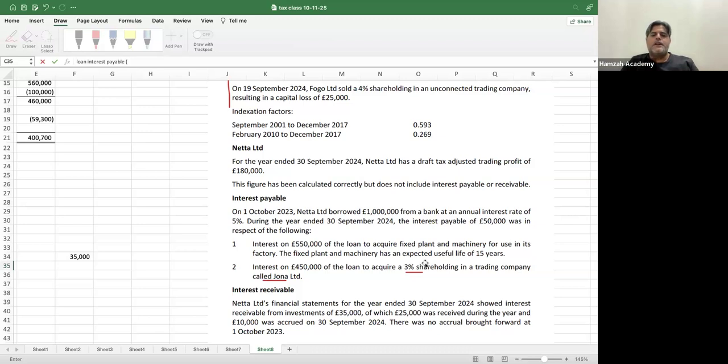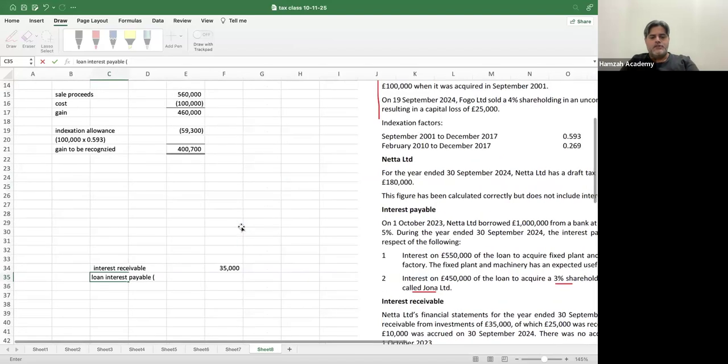And the interest on the loan to acquire the shareholding is for non-trading purposes, which is going to be shown over here, right? So we have this 450,000, and with this, we are going to have the interest rate of 5%.